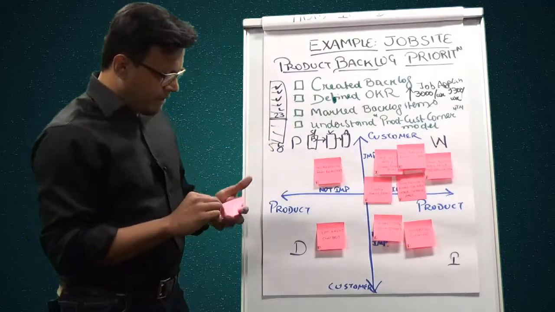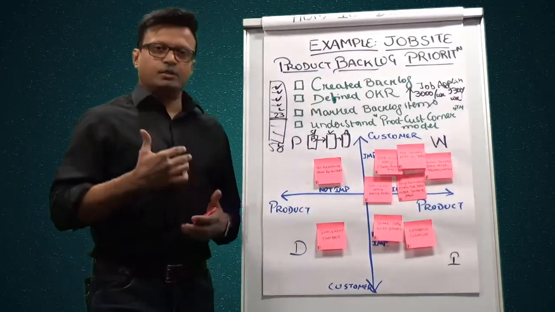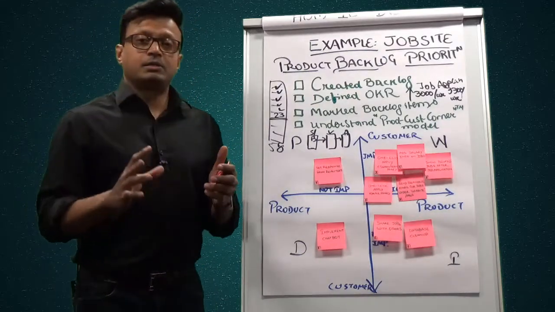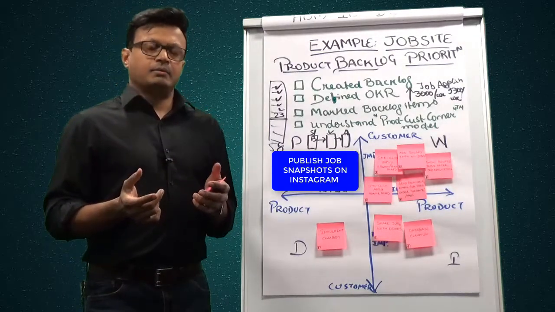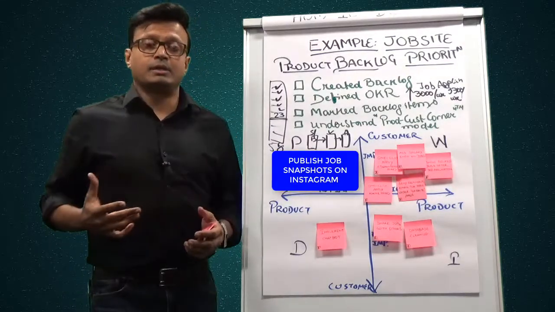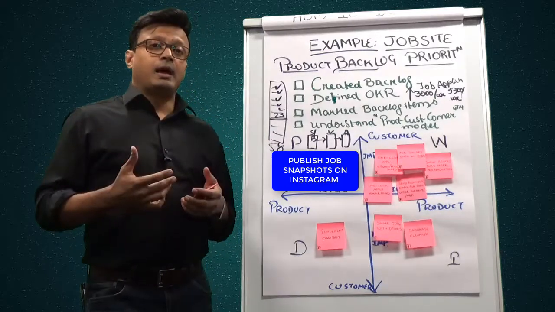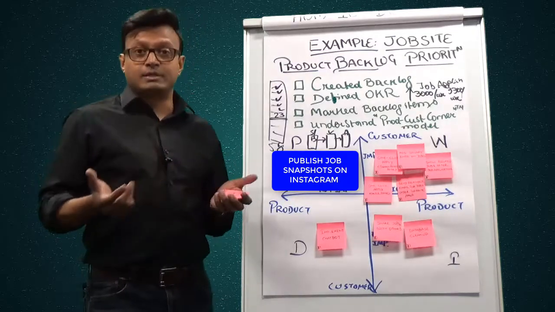The last item, the 10th item that I have, is very interesting again with the new social bandwagon and the wave that we have: publish job snapshots on Instagram. Probably this came up in the backlog saying that we can increase our applications by targeting the millennials and the younger group who are found on Instagram a lot.